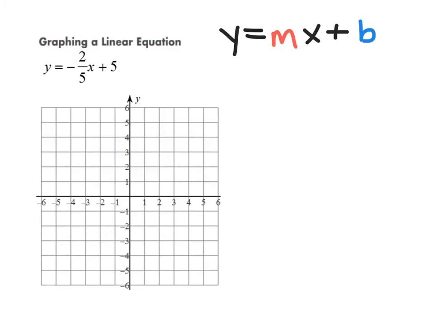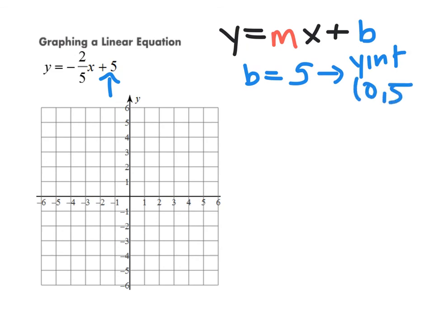For the final example, we're going to follow the same process. First we need to identify our b value. From the equation, the b value is 5, indicating that the y-intercept is at (0, 5), so I can plot my point there. Then we can identify that the slope is negative 2 over 5.